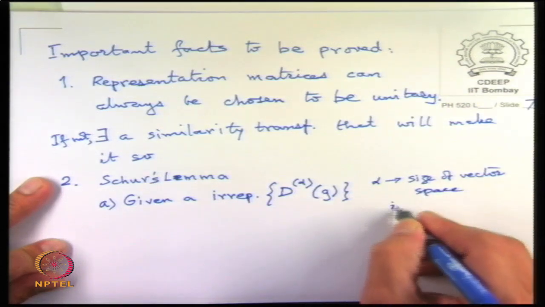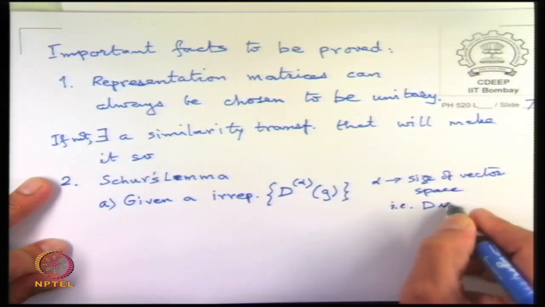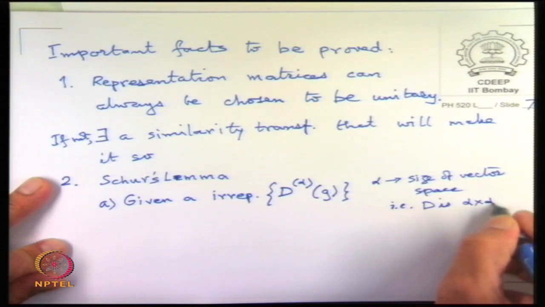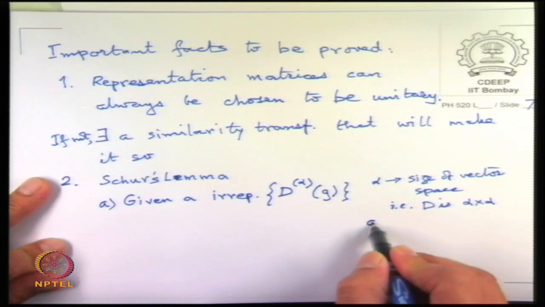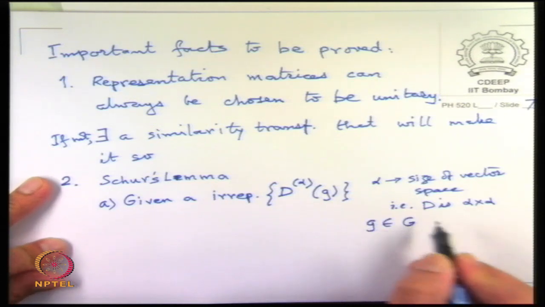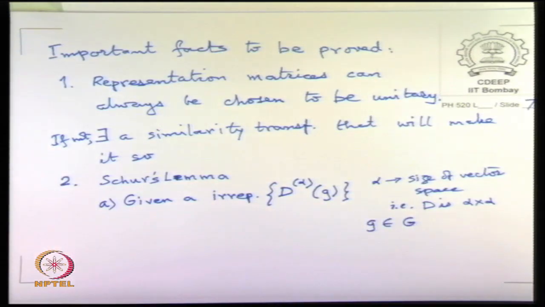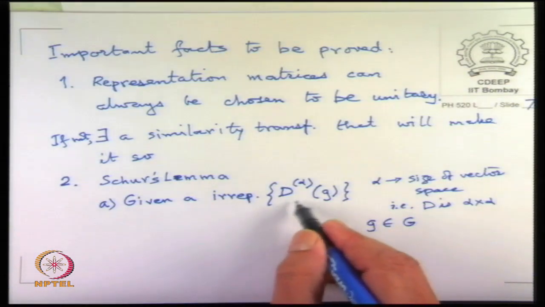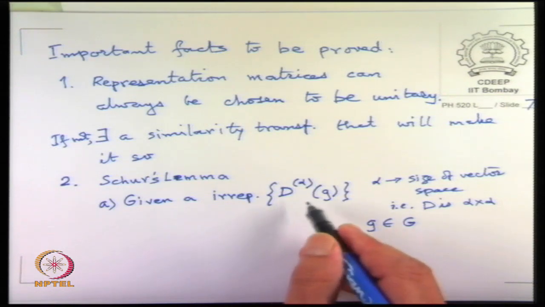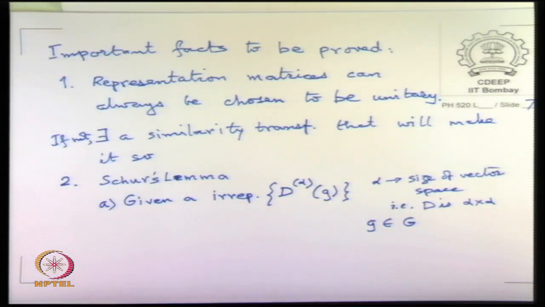So i.e. d is alpha by alpha, and g is of course the group element. So we usually write it like this and often explicitly display the indices on d. Okay. So we'll come to that later.